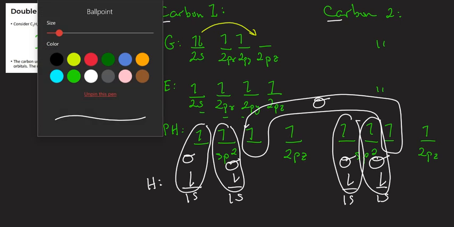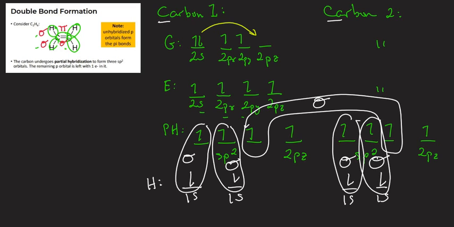Last but not least, we have our unhybridized 2pz orbitals, and these have to exist in the same orientation. If you recall, not the best drawing, but you get the idea. Here we have our x-axis, our y-axis, and our z-axis. Again, these two can be drawn differently; they can be switched around. You'll see both versions online or in other textbooks.